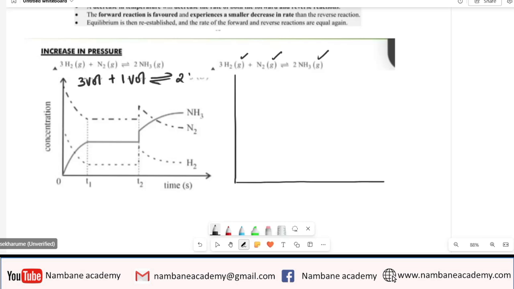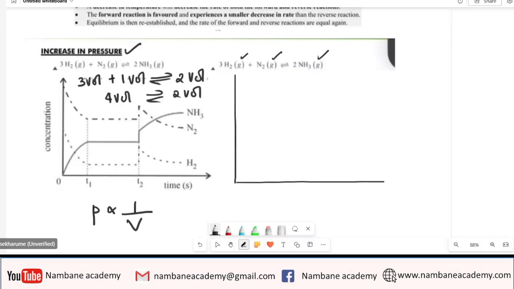On the other side I'm having 2 volumes. So on the left hand side, I'm having 4 volumes of gas, and on this side, I'm having 2 volumes of gas. The pressure is in proportion to the volume. So there is an increase in pressure.